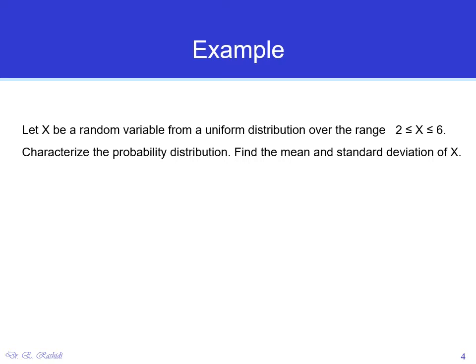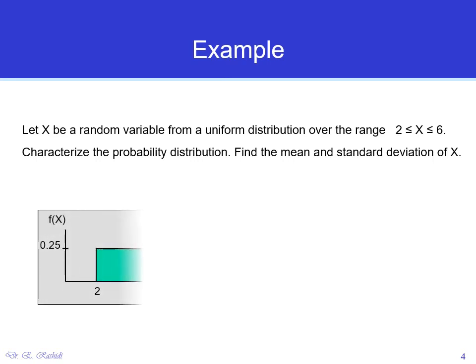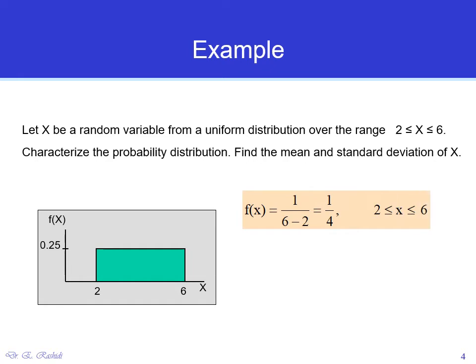Also, we can plot the distribution. As we see here, this is the probability density function, 1 over 6 minus 2, which is 1 over 4. So this probability density function is true for values of x between 2 and 6. So that's 1 over 4, which is equal to 0.25.